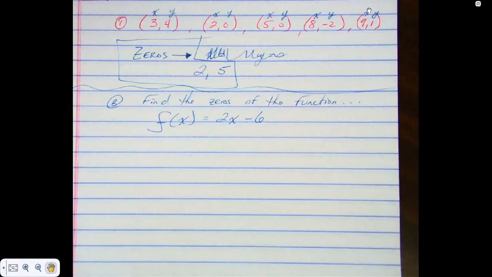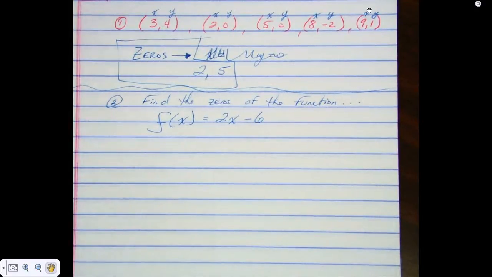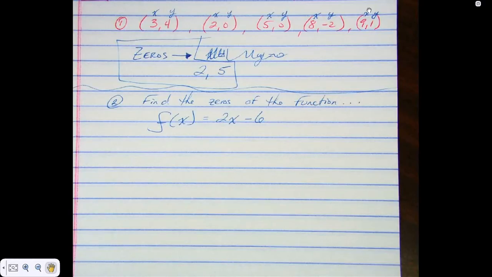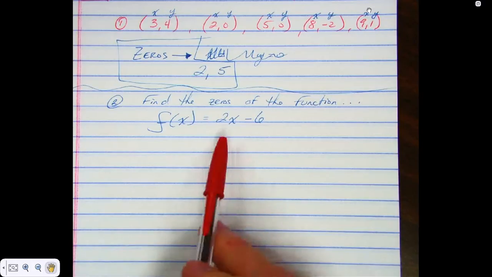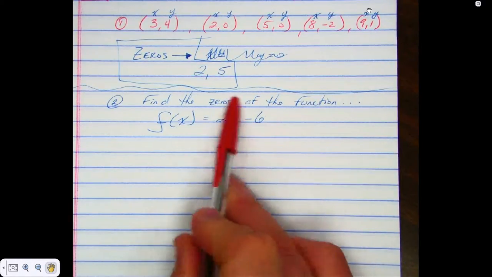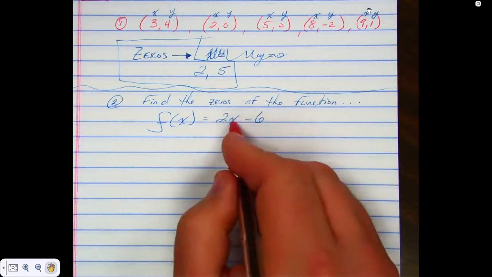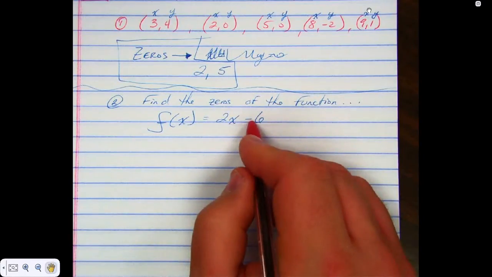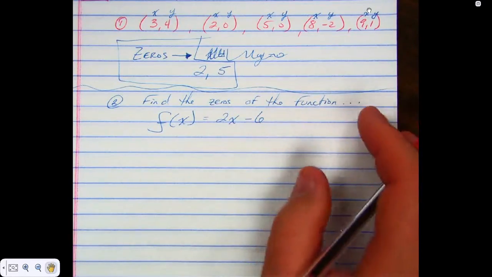Our next one is find the zeros of the function f of x is equal to 2x minus 6. What in the world are you going to do here? Well, this is our rule, right? We learned that yesterday. This is the pattern that makes this a function. Every time you put a number in for x, 2 times x minus 6 is what changes that number.